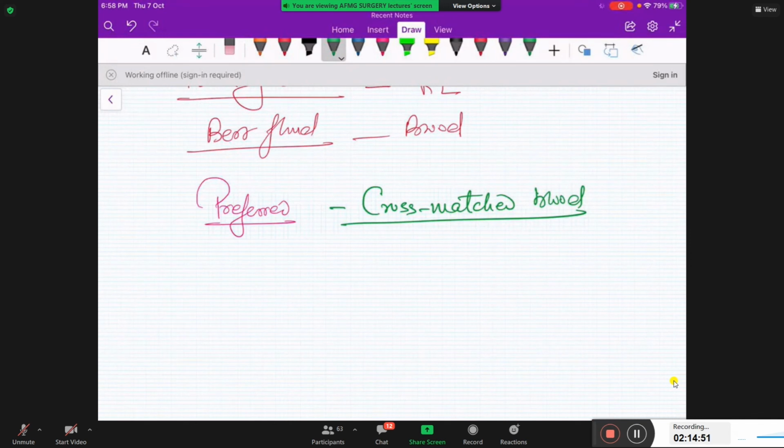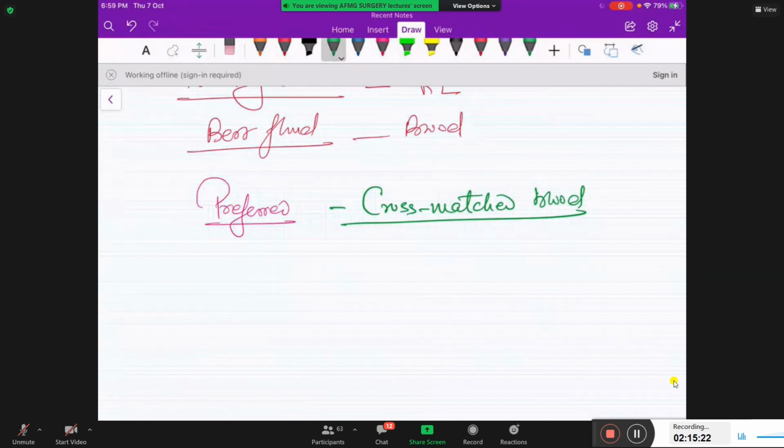What does that mean? It is quite possible that in the bag which has come, there may be antibodies against the antigens present in my body. So to check for that, they do in the blood bank, they take the blood from the recipient and they take blood from the bag and they mix them in a slide or in a test tube, right?